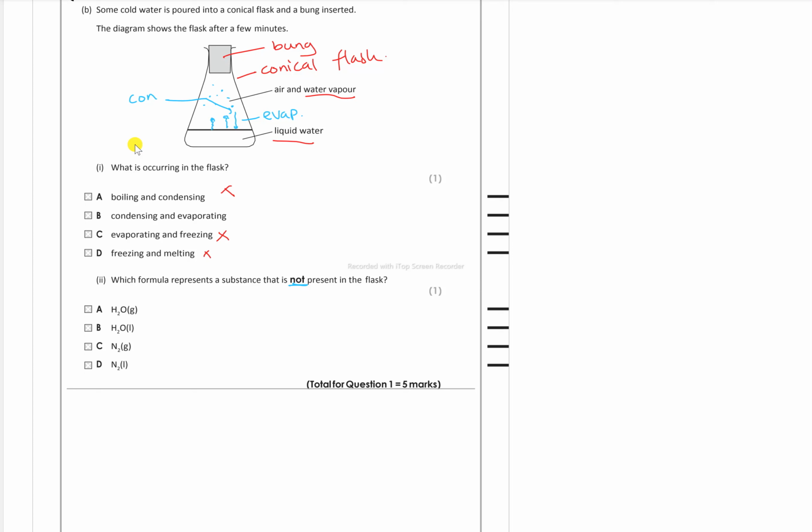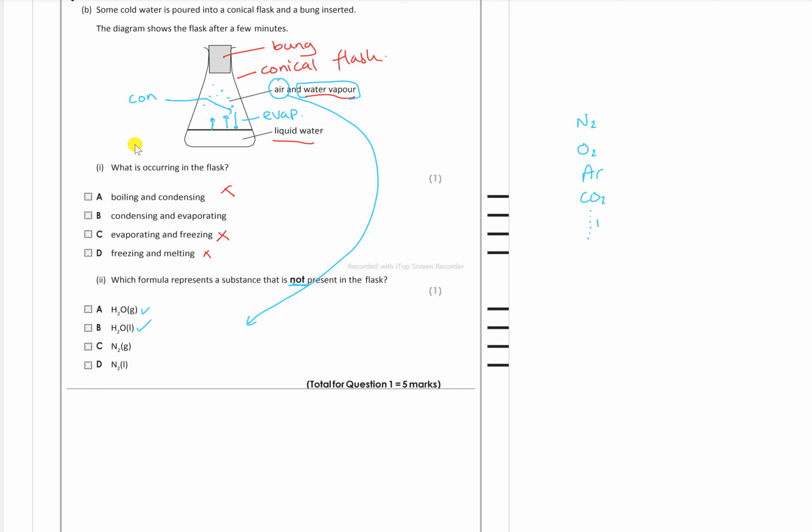Right, which formula represents a substance not present in the flask? So look, basically what they've given you, they've given you a hint. Right, you've got water, so you've got water in there as a gas, as a vapor, liquid. Now we've got to decide, because air is nitrogen, oxygen, argon, and CO2 and other stuff here, right?